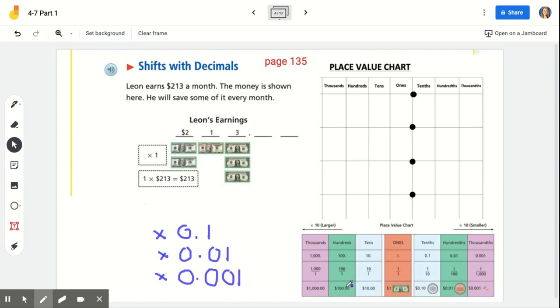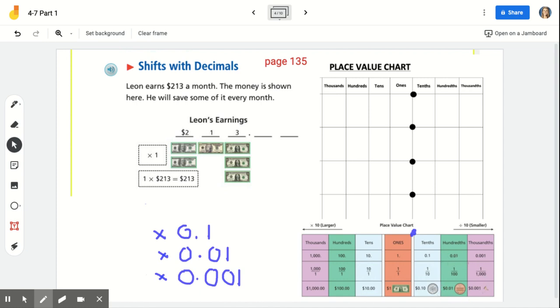Our hundreds place value is worth $100 bills. But moving on over, where our decimal lands is in between the ones and the tenths. The tenths is represented by a dime here, or 0.1. The hundredths is represented by 100ths, and the thousandths is represented by 1000ths, decimal form and fraction form.